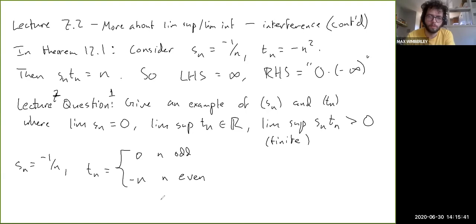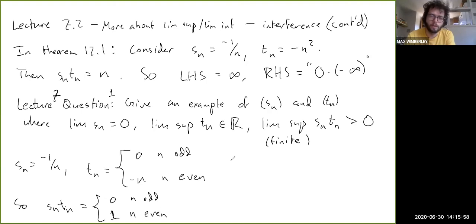I believe this should work because now Sn Tn equals 0 when n is odd and 1 when n is even, right?